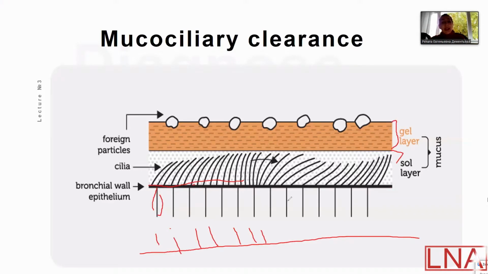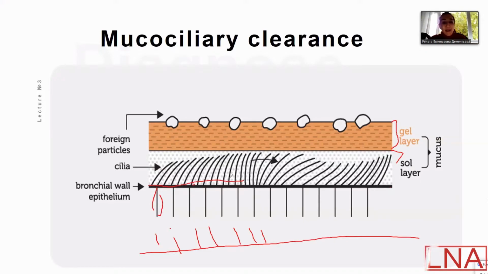The sol layer consists exactly of the small cilia, and the normality of this layer is its movements, and the normal direction of these movements is to push out, to get rid of different external agents, external obstacles.